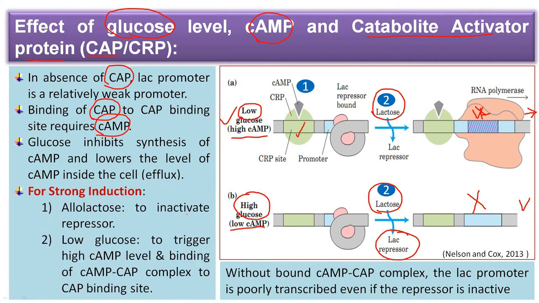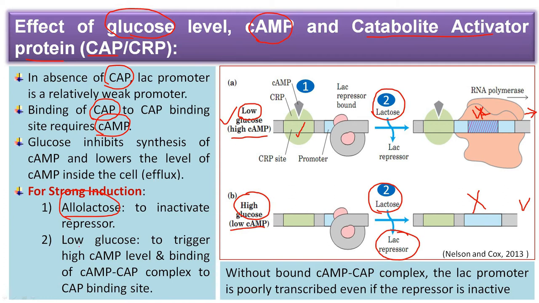Thus, for strong induction or high level of transcription of the structural genes of Lac Operon, these two conditions must be fulfilled. Number one, the allolactose must be present, which will inhibit the repressor and keeps the operator site free for the passage of RNA polymerase.